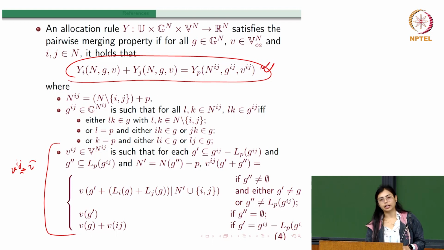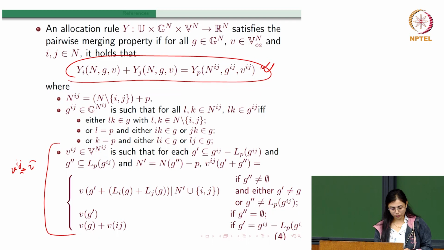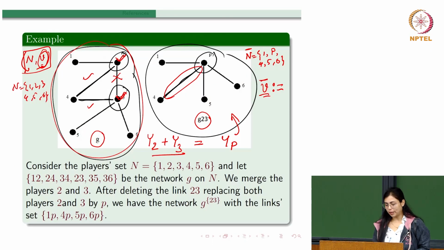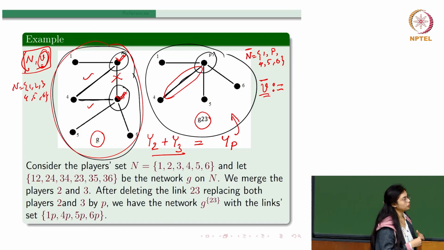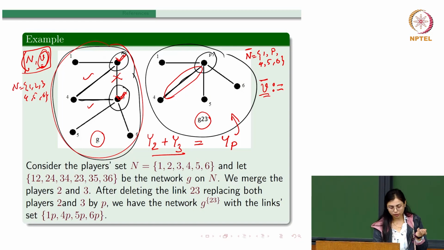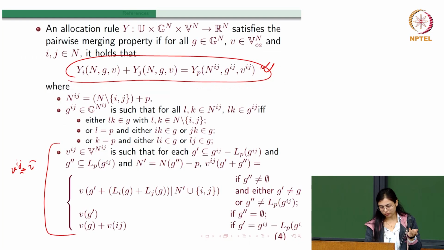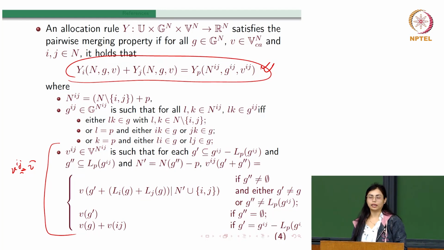Sometimes it is beneficial when my network structure is very huge: we can pairwise merge the players, and then we have a small network. We can calculate the game itself, and then it is easier for us to calculate the allocation rule.